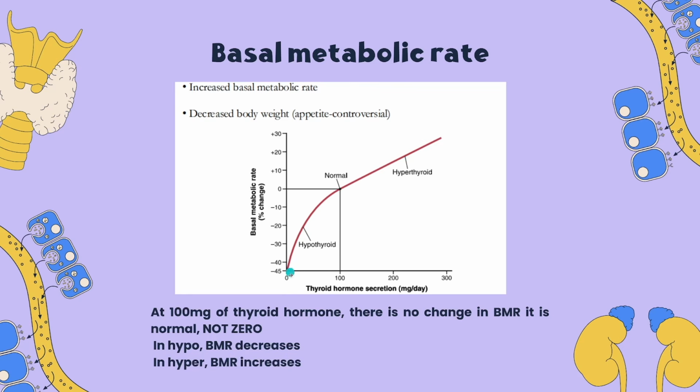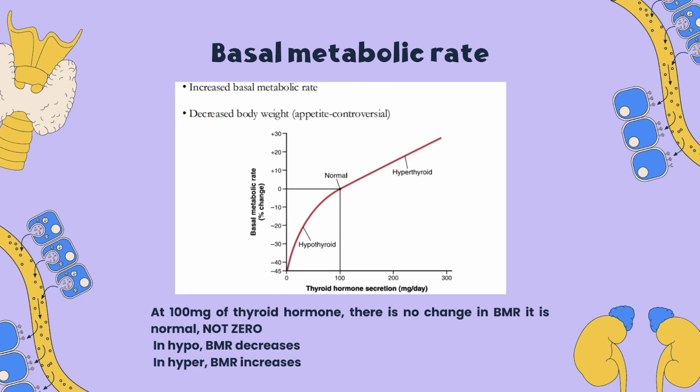Basically, we have a plot of the change in the basal metabolic rate. So it is not the basal metabolic rate itself, it is the change in it. So if it was normal, there should be no change. That's why you'd find that at 0. And what amount of thyroid hormone is necessary to keep it at normal?